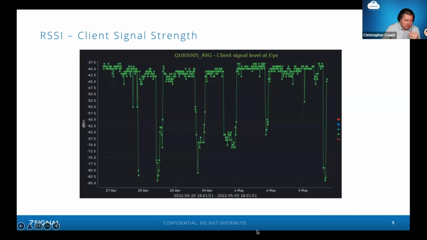Jim, do you have any thoughts on that? This is a really interesting chart because it's a really unique value we're creating here. It's not the coverage of the AP at the spot where the iPhone is. It's actually the Sapphire Eye's RSSI of the iPhone as the iPhone is moving around it.